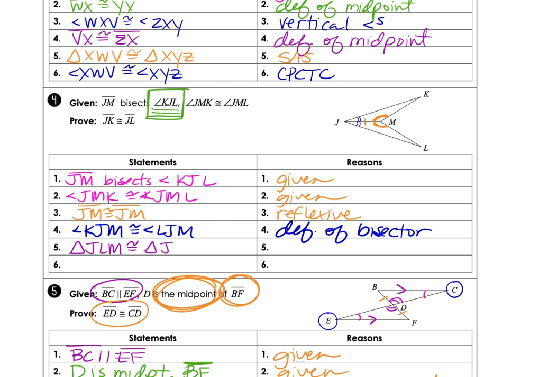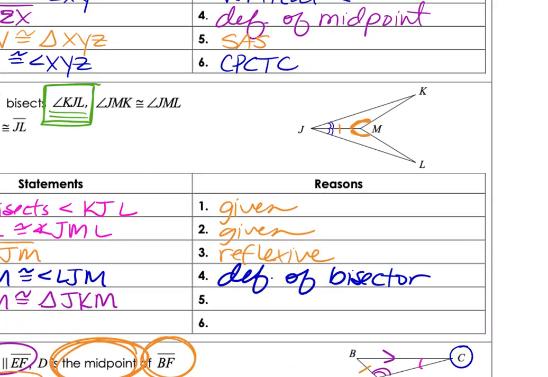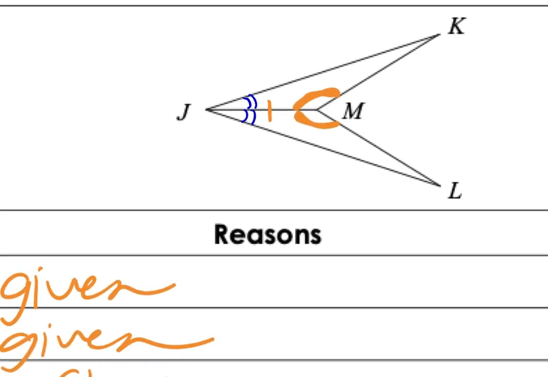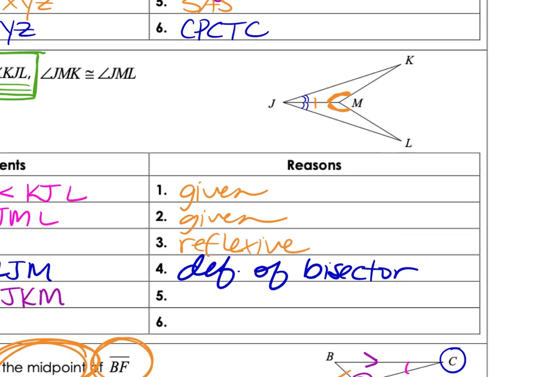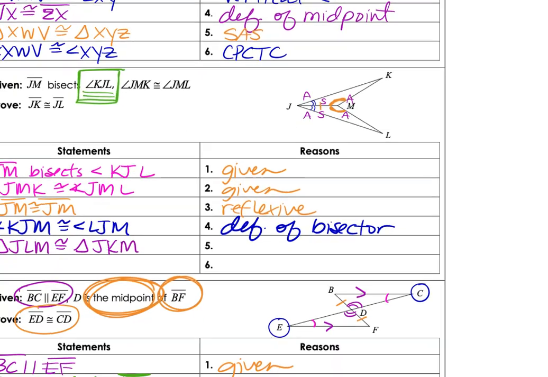JMK. If you say JLM, what does that match up with on the other one? Oh, JKM. Okay, and why is that? ASA. Angle, included side, angle. So that's ASA.